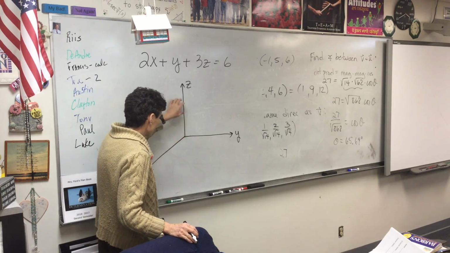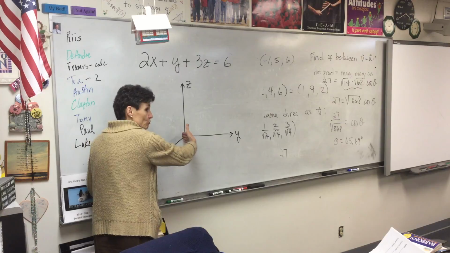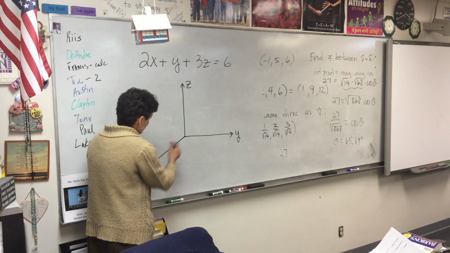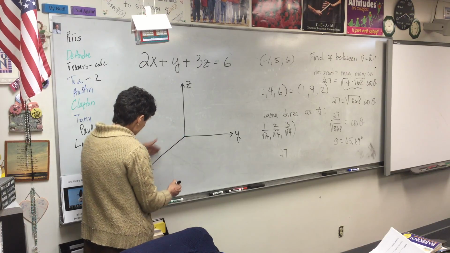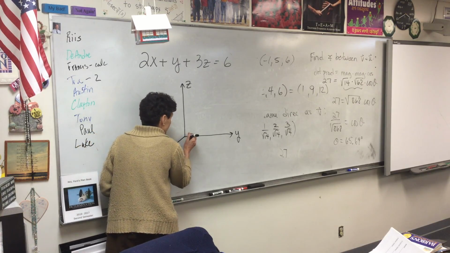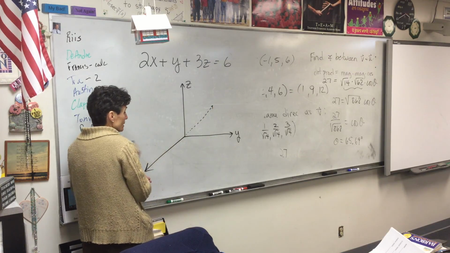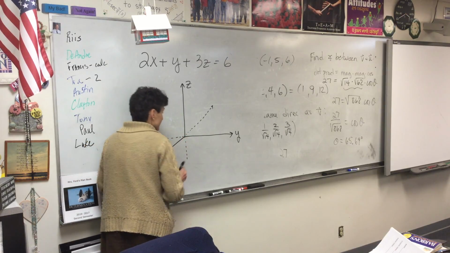This is like the corner of the room. But because I couldn't draw a line out here, I had to flatten it, and so these look warped, but these are all right angles. This is the positive x-axis. The negative x-axis is back here. The negative y-axis is back here, and the negative z-axis is down here.